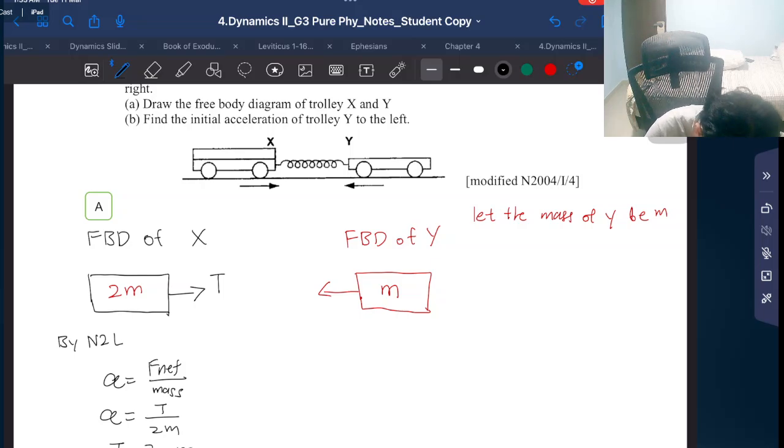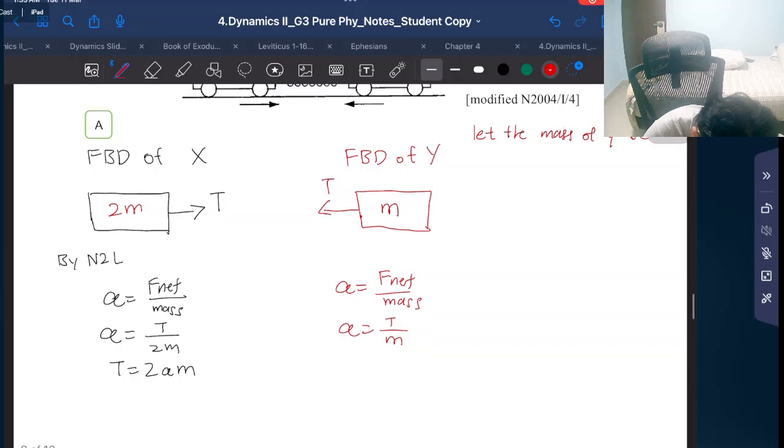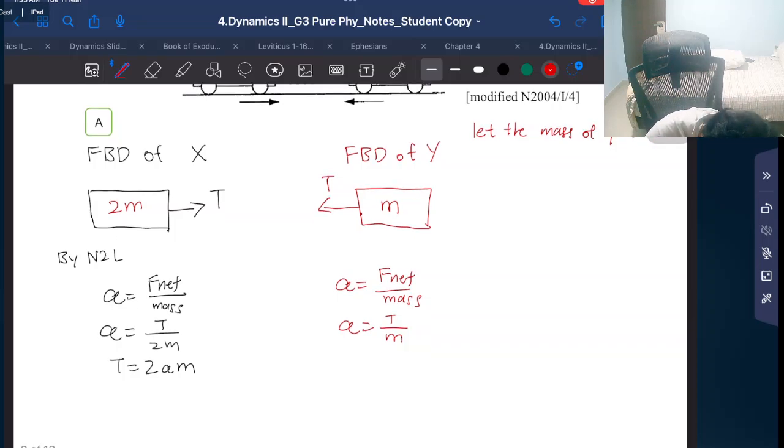Then for the free body diagram of Y, I can also do A equals to F net over mass. So then A will be equals to T over M. Then T will be equals to AM.